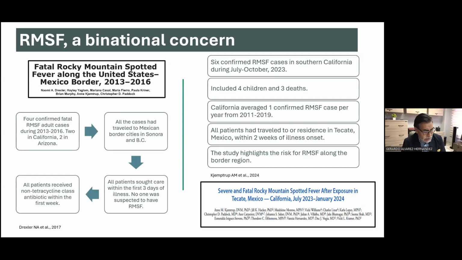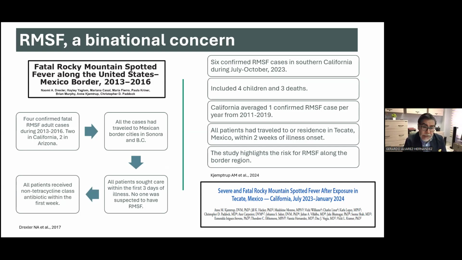Such an epidemiological pattern and spread should be a cause for concern for healthcare workers, clinicians, and doctors in both countries, especially those working in the border region or related to the care of farm workers. Why?